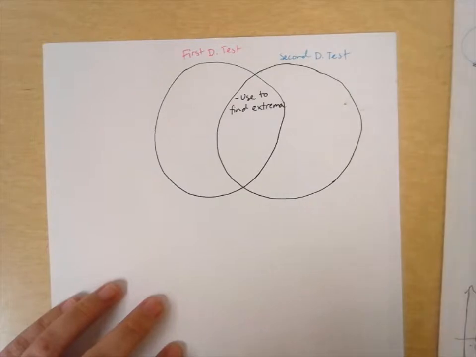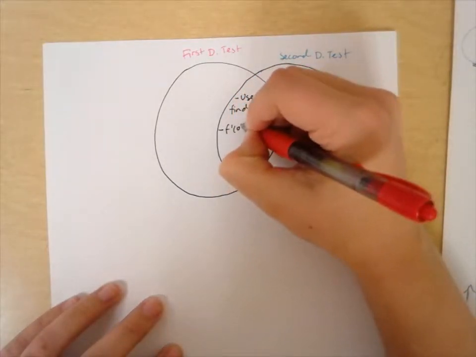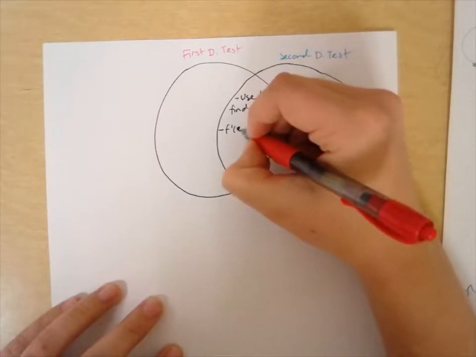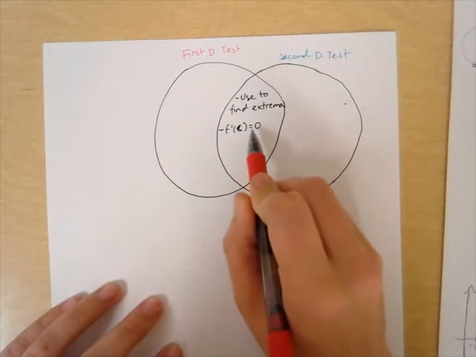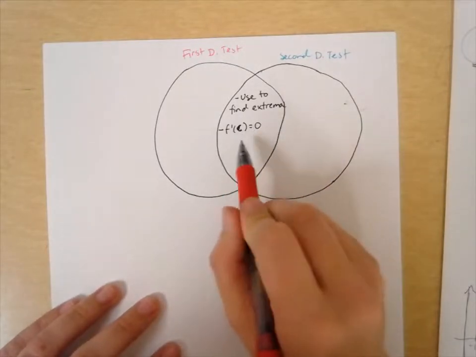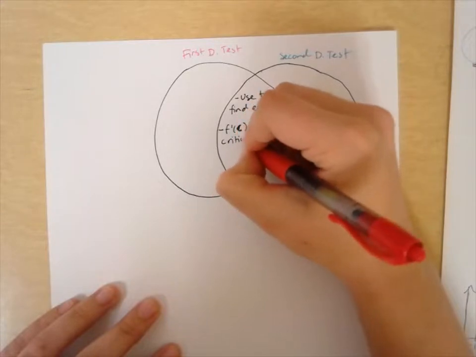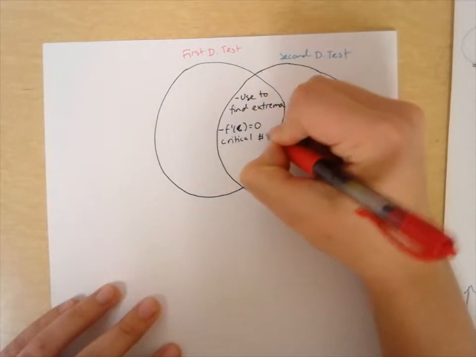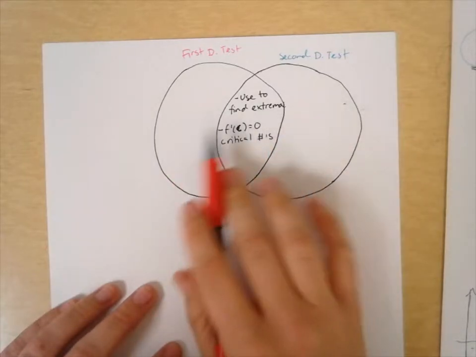And they both use the first derivative at 0. Wherever the first derivative is 0, we use those as the critical numbers for both of these tests, and both tests find extrema.